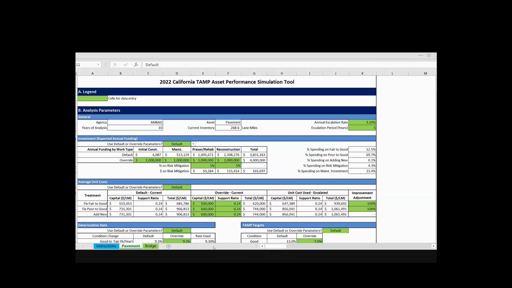And the tool, as Michael mentioned earlier, is developed as a sandbox for our local agency, so they can use their agency-specific information, such as funding, unit cost, deterioration rates, this kind of specific information to predict the future asset condition. So then help them to develop some realistic short-term or long-term performance targets.